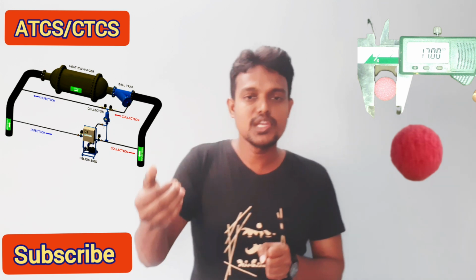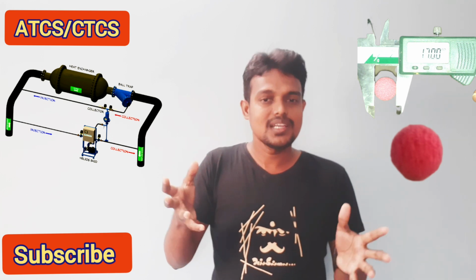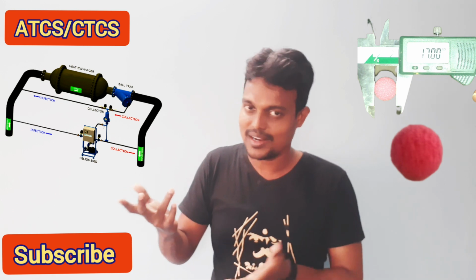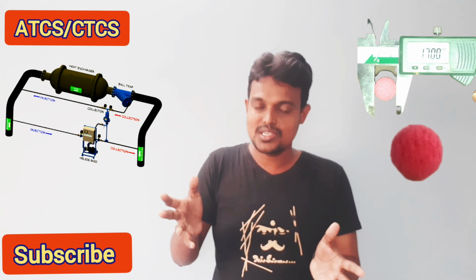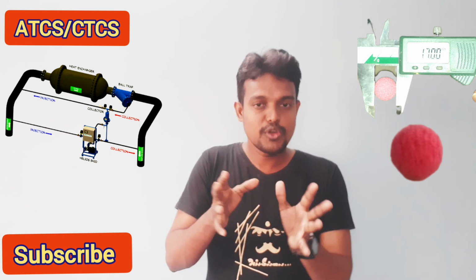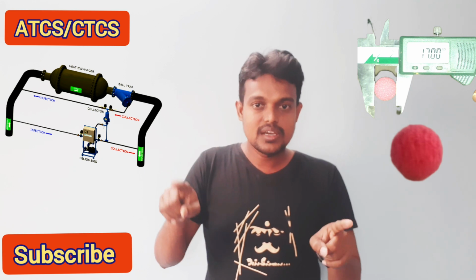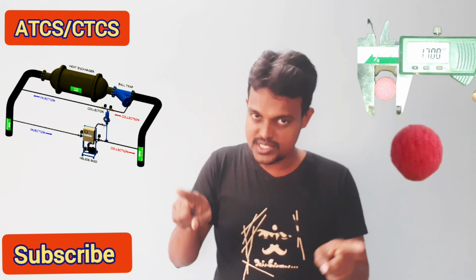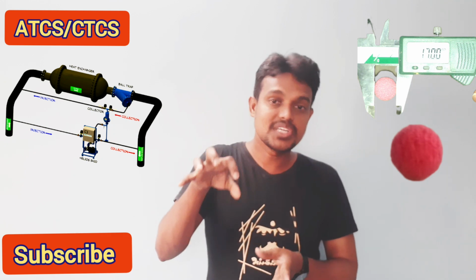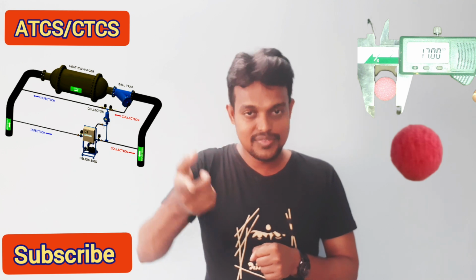Before moving on, you may have a doubt: generally we talk about shell and tube heat exchangers, right? In a shell and tube heat exchanger, in some cases the shell contains refrigerant and the tube contains water, or in some cases the shell contains water and the tube contains refrigerant.